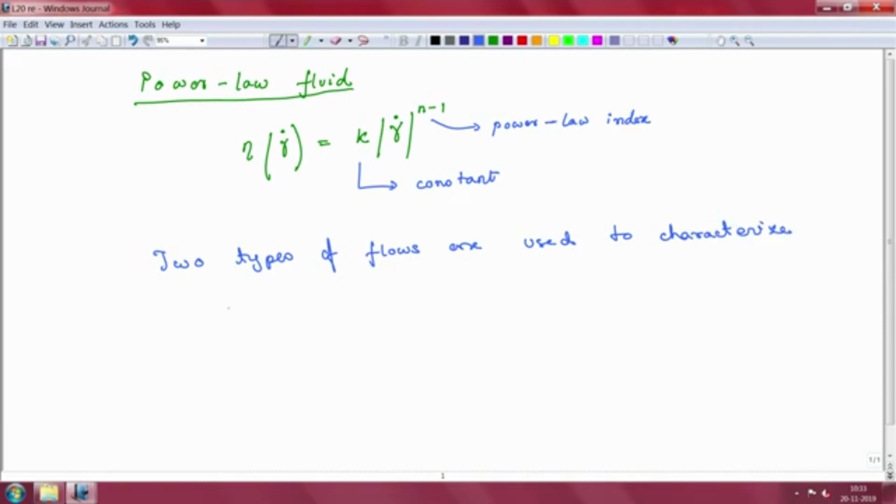One of them is called a shear flow, or a simple shear flow, and the other one is called the shear free flow.